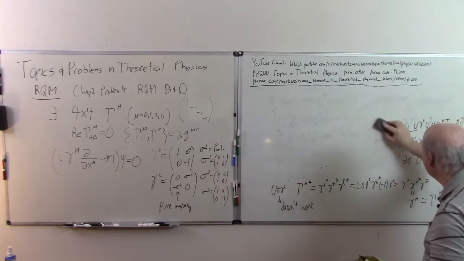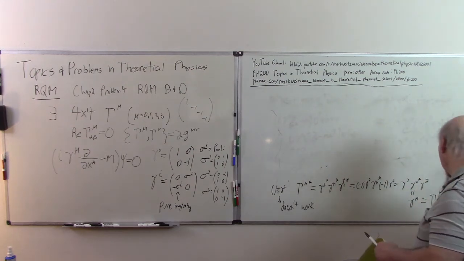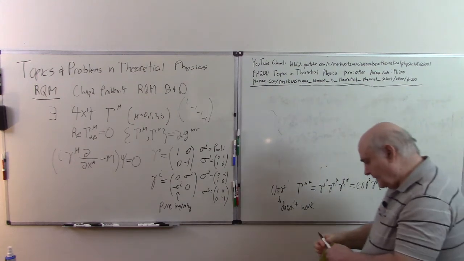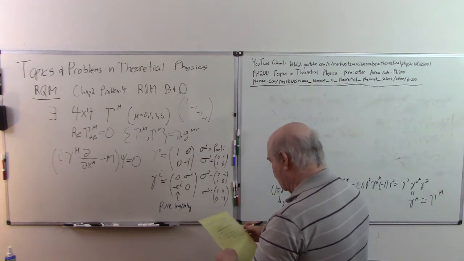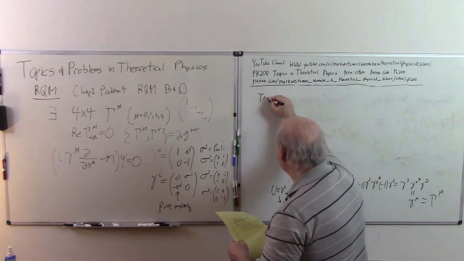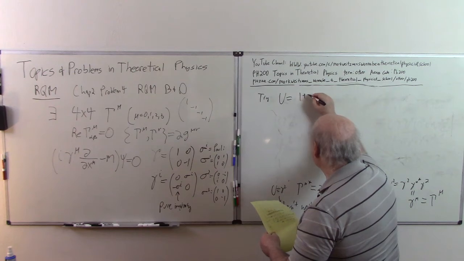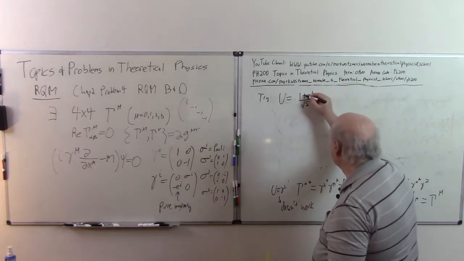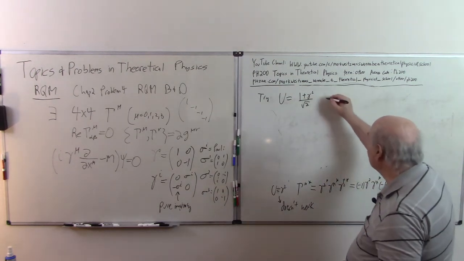So we've established that if we use a unitary transformation, the commutation relations will continue to hold. The next thing I tried was u equal 1 plus gamma 2 over the square root of 2. First, let's check that this is unitary.